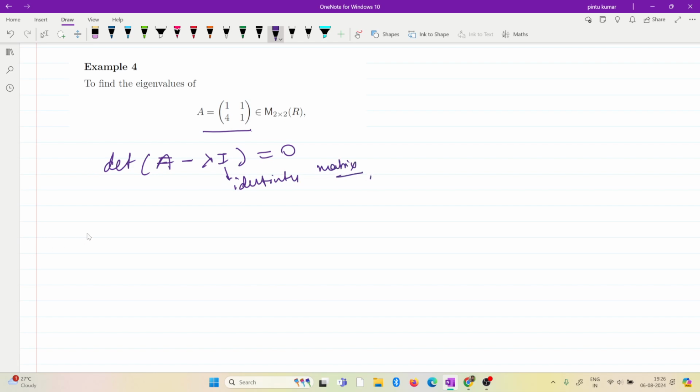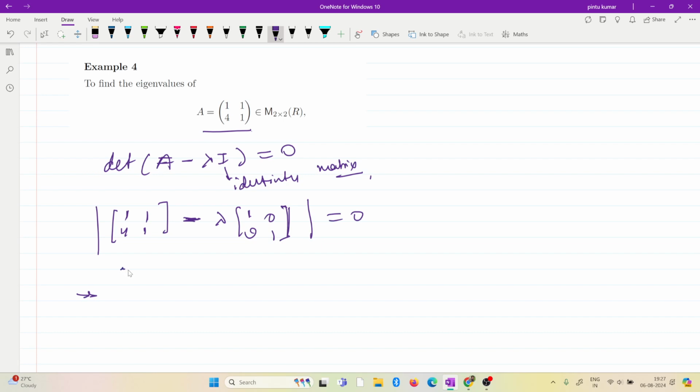Let's solve this. This is the determinant of [1, 4; 1, 1] minus lambda times [1, 0; 0, 1], and I want this to be 0.